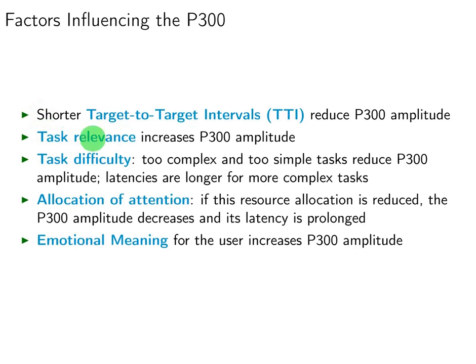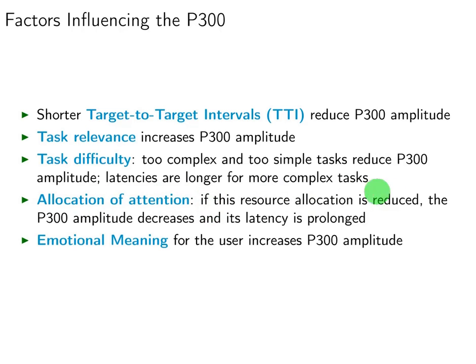Another thing that has been observed is that task relevance increases the amplitude of P300. So the task relevance of the experiment, or of the stimuli, or the task difficulty of the experiment can also reduce amplitudes. Too complex or too simple tasks reduce P300 amplitude, or latencies are longer for more complex tasks. Another factor is the allocation of attention.